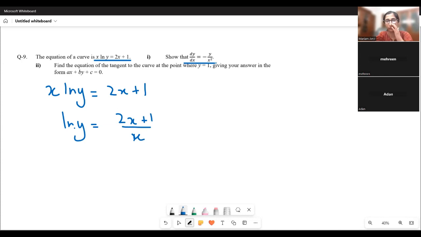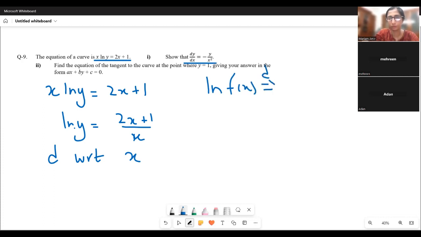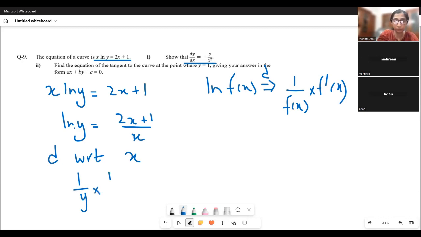Now we differentiate both sides with respect to x, because we need dx in the denominator. So what was the derivative of ln f(x)? It's 1 upon f(x) times f prime x, the derivative of the inside. It's going to be 1 by y times the derivative of y again, and we're differentiating with respect to x.